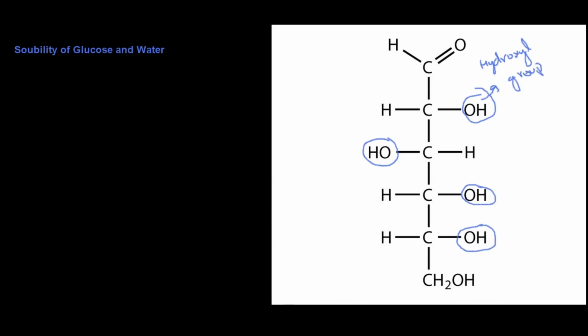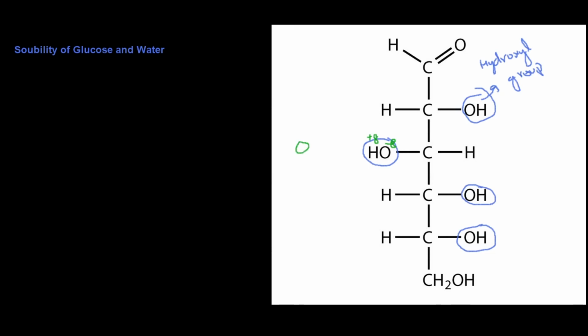Looking at the structure of these hydroxyl groups, you can see that each is composed of oxygen and hydrogen atoms. In this case, oxygen has a partial negative charge while the hydrogen atom has a partial positive charge.